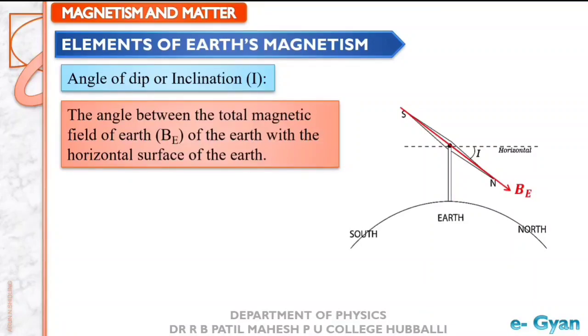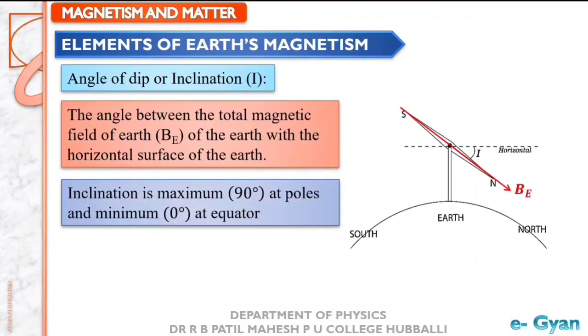The compass shows the total magnetic field of Earth, that is BE, and at that place, the angle BE makes with the horizontal surface is called I, that is the inclination. Inclination is maximum, that is 90 degrees, at the poles, and minimum, 0 degrees, at the equator.